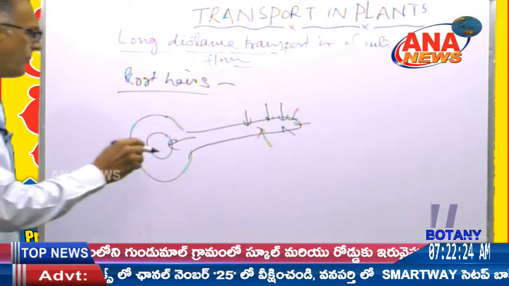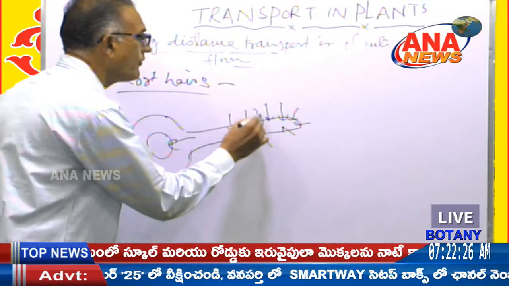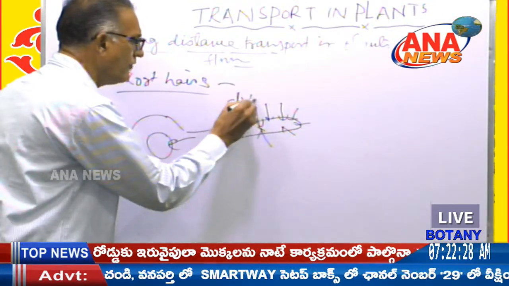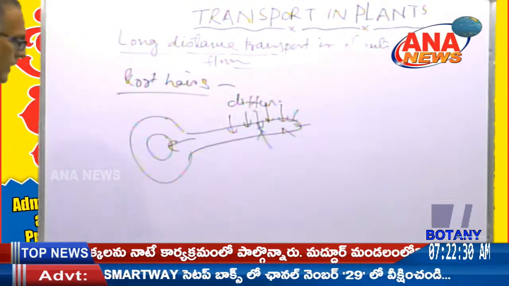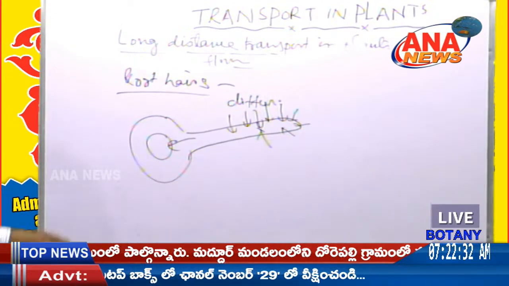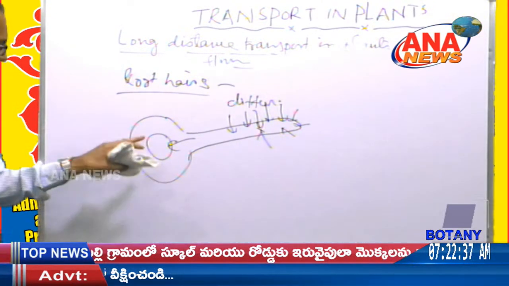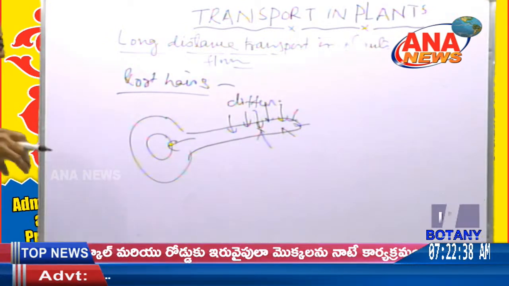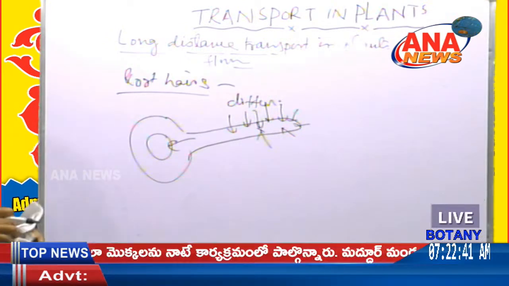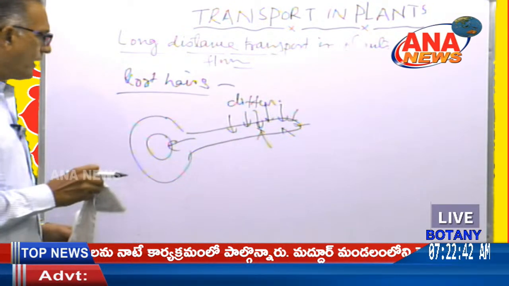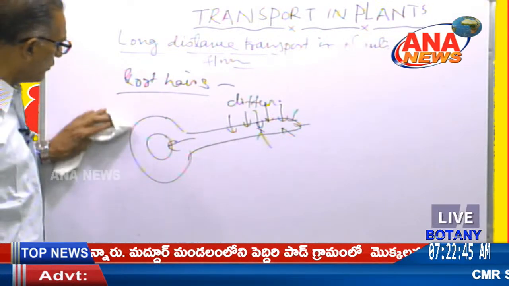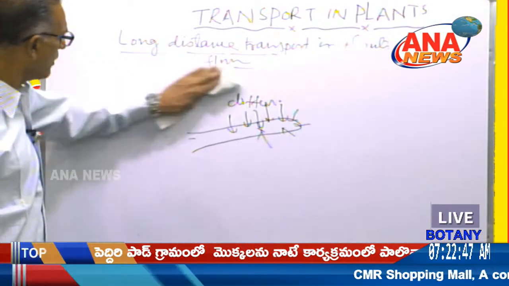The root hairs absorb the water by the process of diffusion. Once the water is absorbed by the root hairs, it enters the root in two methods. How does the water enter into the root? The water enters the root by two methods, two processes.